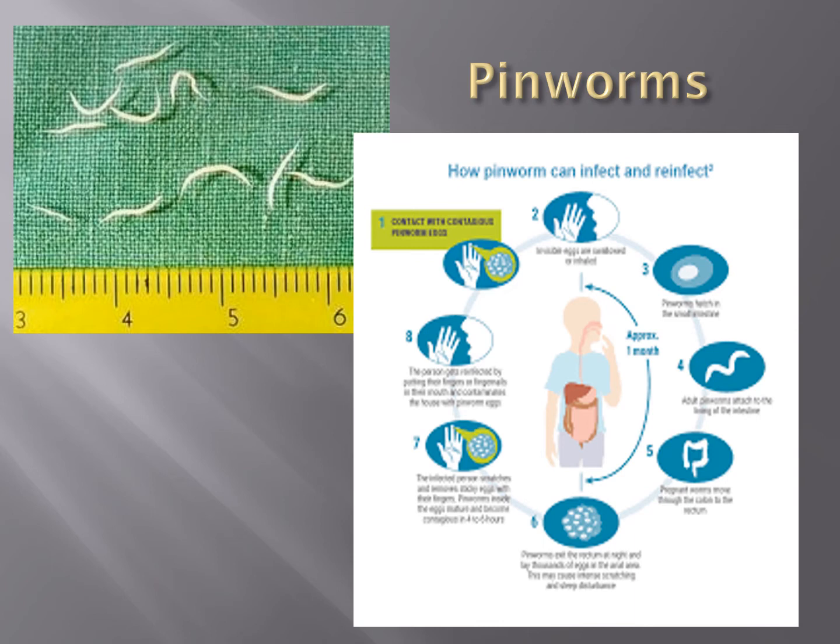One of the strangest things is that we diagnose this literally by sticking clear tape on the anus at night, just right in between the butt cheeks, and then you peel it off, and there's usually pinworms stuck to it because they tend to come out at night and play around.